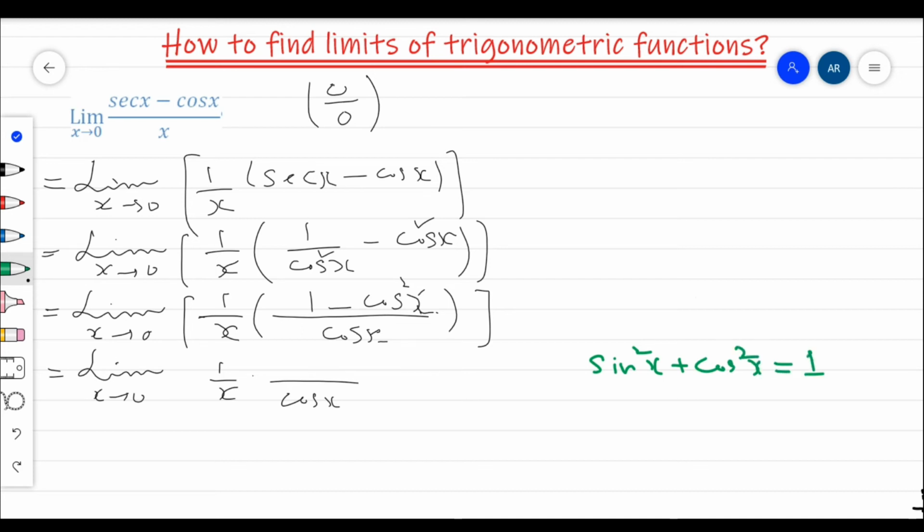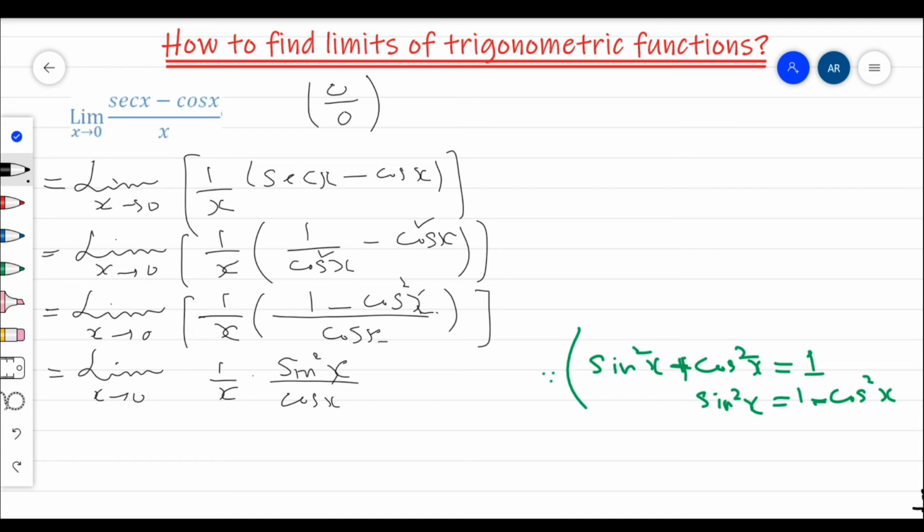From this identity, we can easily calculate 1 minus cos square x. Cos square x on the left hand side with positive sign goes to the right hand side with negative sign. So 1 minus cos square x is equal to sin square of x. So we have sin square of x. Now we cannot simplify it further. Let's apply the limit directly.